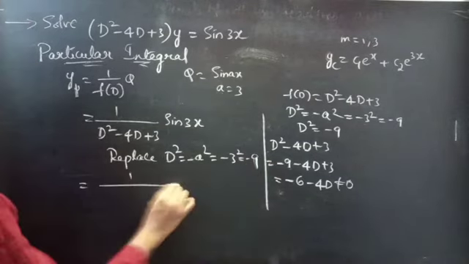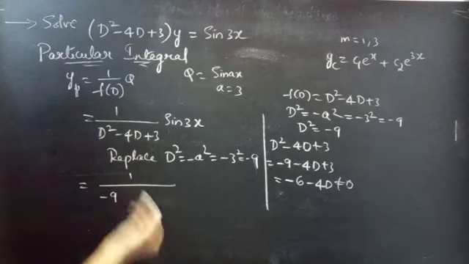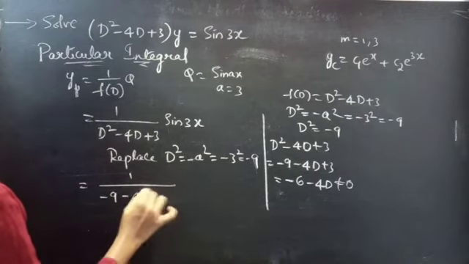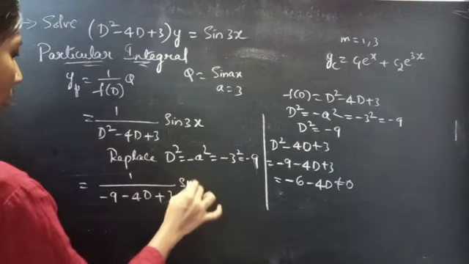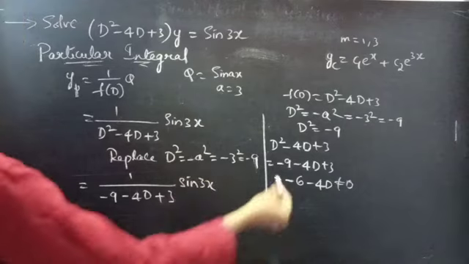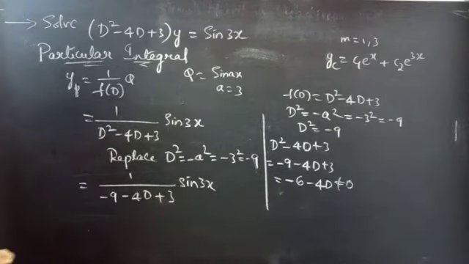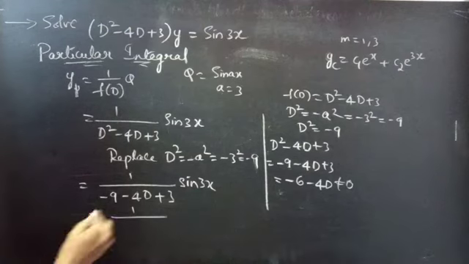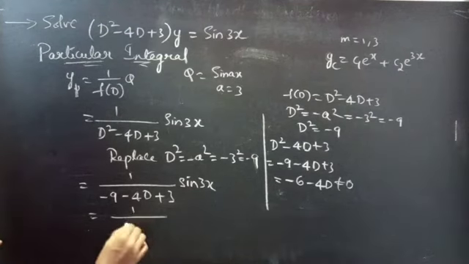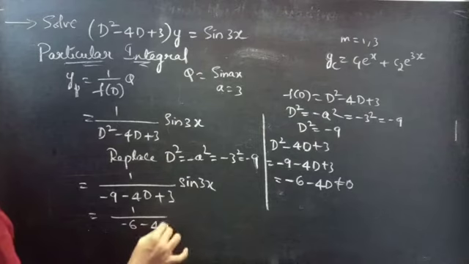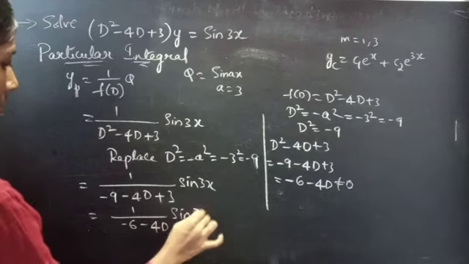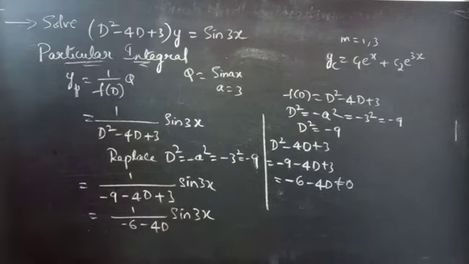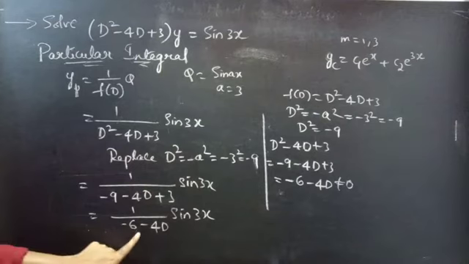Then you'll get 1 by, we'll write the same thing, we'll just do the rough work to make it clear. Minus 9 plus 3 is minus 6 minus 4D into sine 3x, right? Now we can take minus 2 common from these two terms.